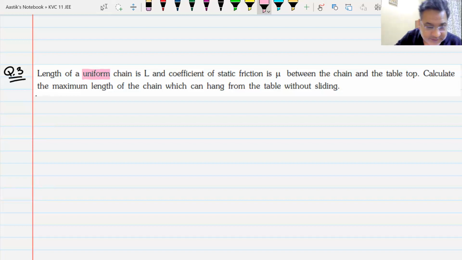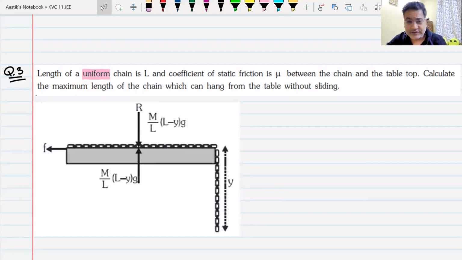So if no one has drawn the free body diagram, there is no chance that you are going to get anywhere near this question. So this is how the free body diagram looks like. I hope now you can find some light in that tunnel that we are going through.